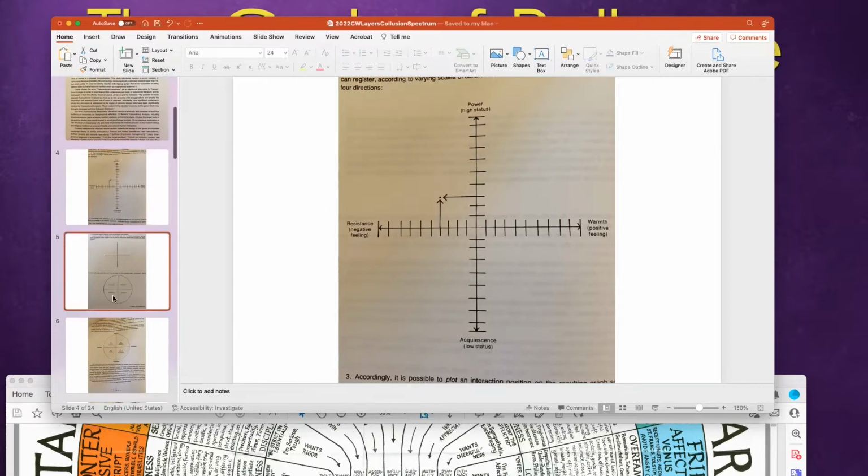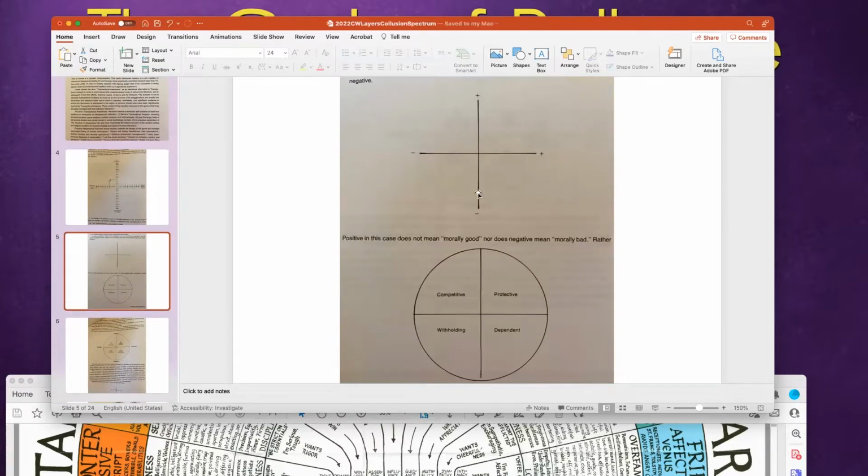Now, he went on a little bit further and he said, basically, you've got two positive poles on these axes and two negative poles. And in the middle, you've got some neutral. So positive in this case does not mean morally good, nor does negative mean morally bad. It's just that something is contributing and something might be detracting from it.